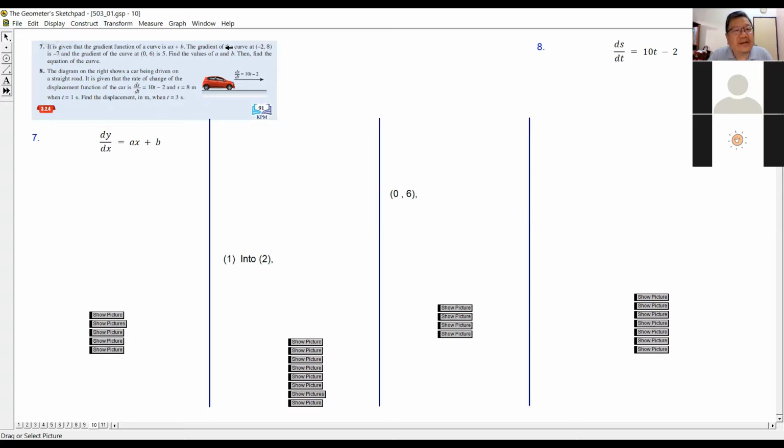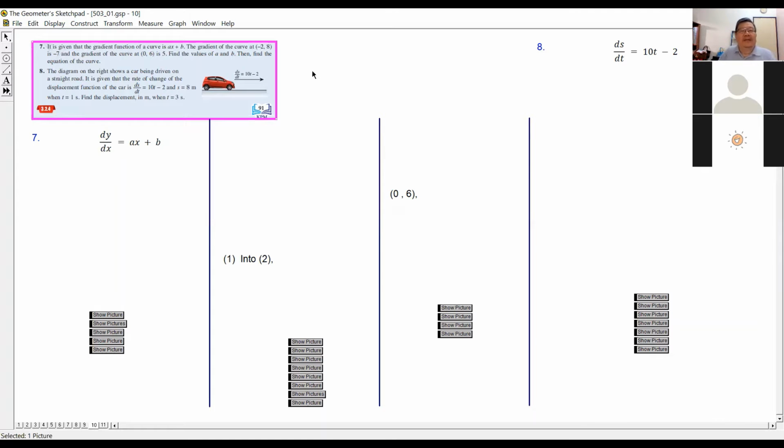Okay, this is one set of values. You are also given another set of values. The second set is gradient of the curve at (0, 6) is 5. It means same as just now, dy/dx is 5 at the point (0, 6).